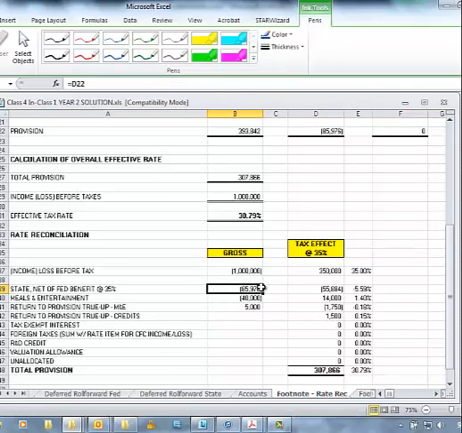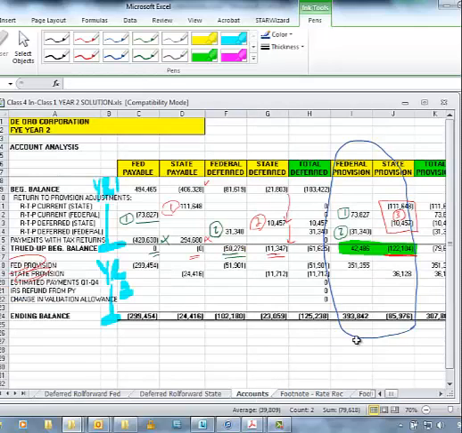And buried in this state number is not only the state provision for year 2, but also the true-up from year 1. So if you looked at that $85,000 of provision, that 85 is the sum of the current year's provision of 36 plus the true-up from last year of 122.